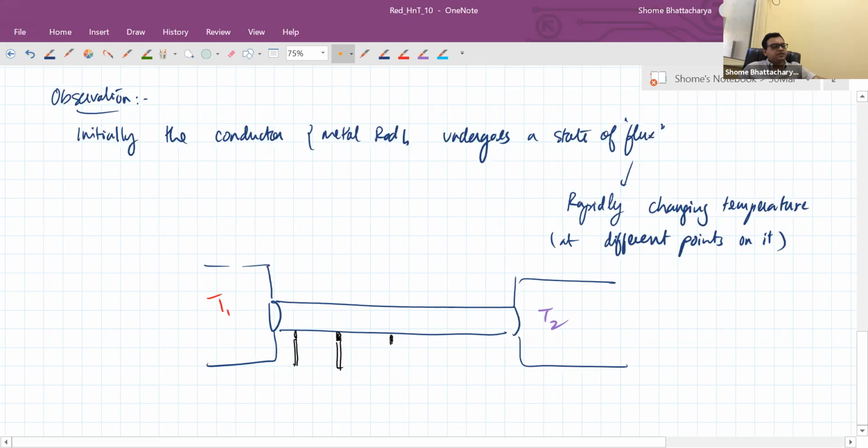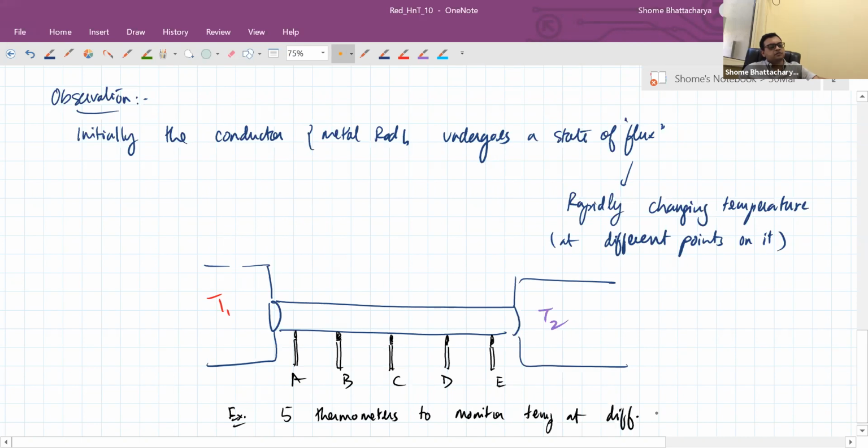At 5 or 6 different places, I have thermometers attached. So all of them will be showing a rapid change in temperature. For example, I have 5 thermometers to monitor temperature at different points.